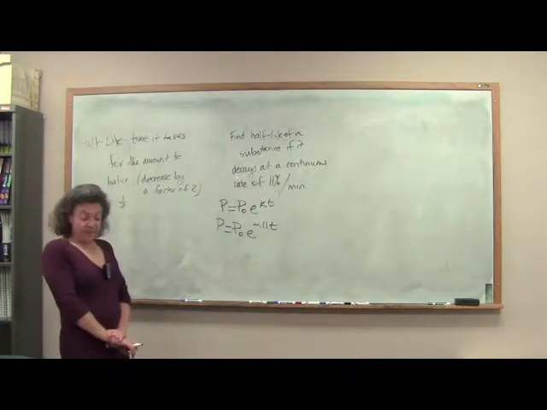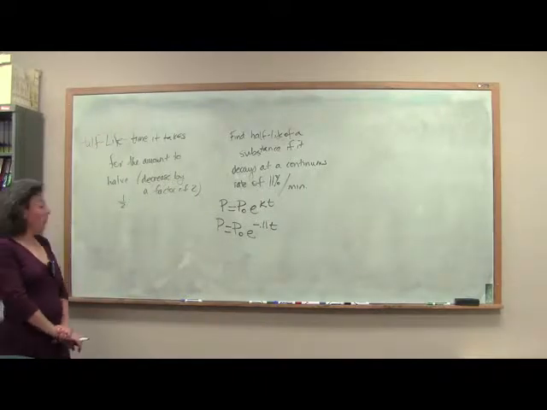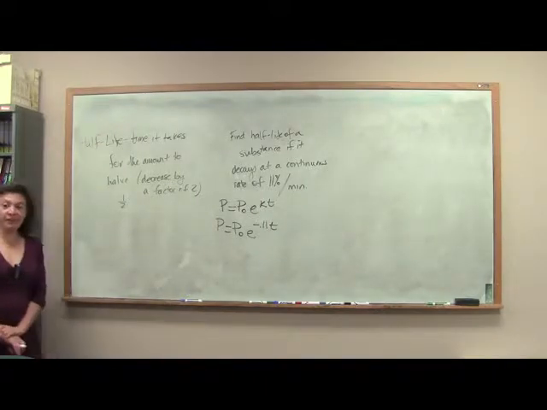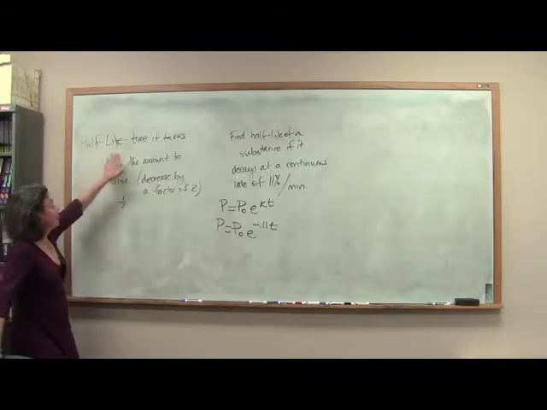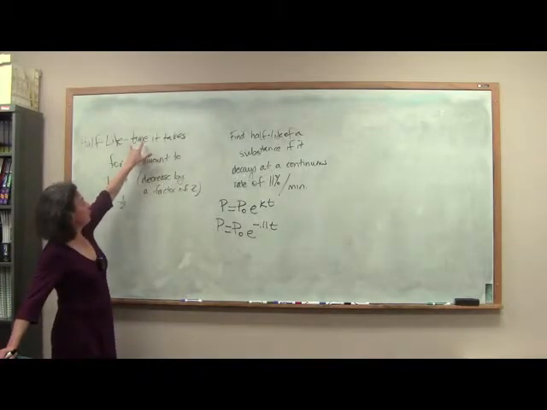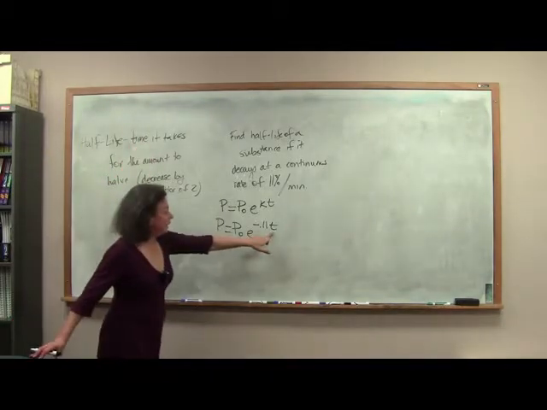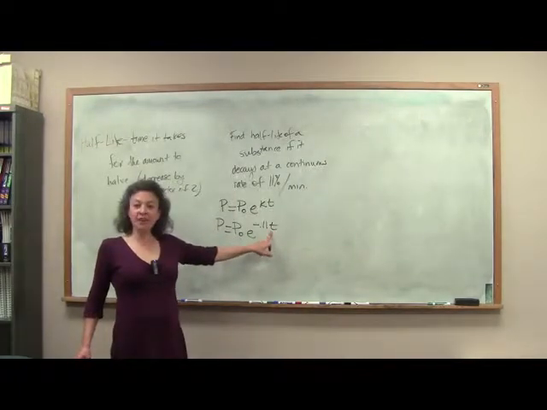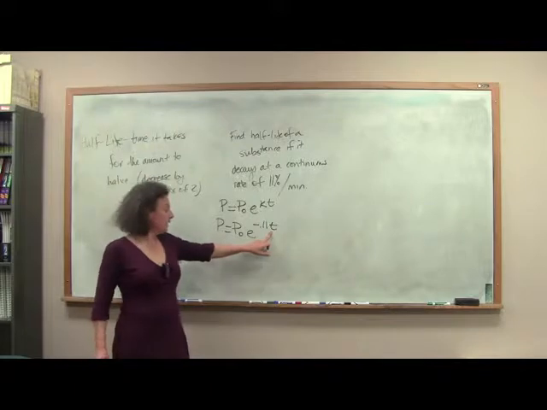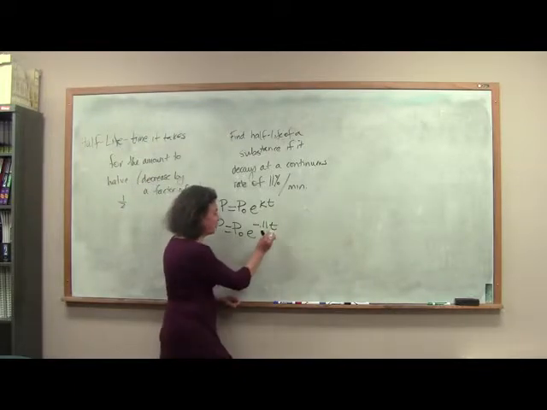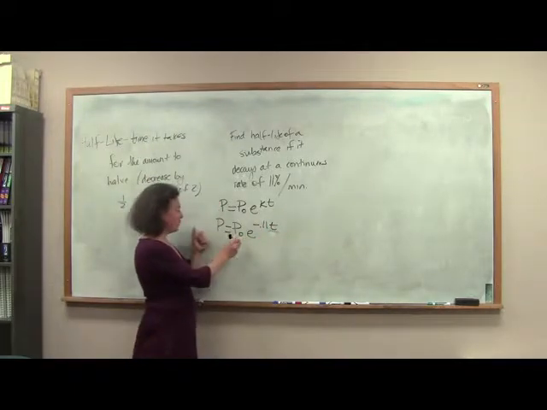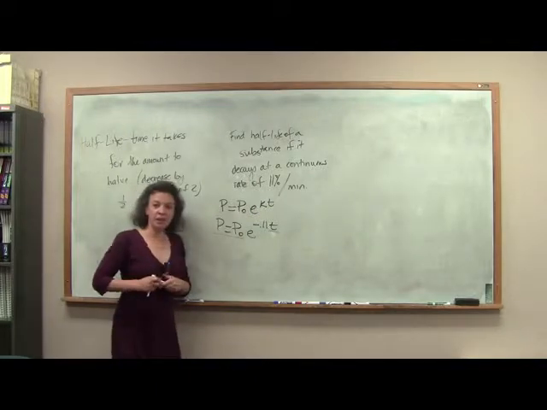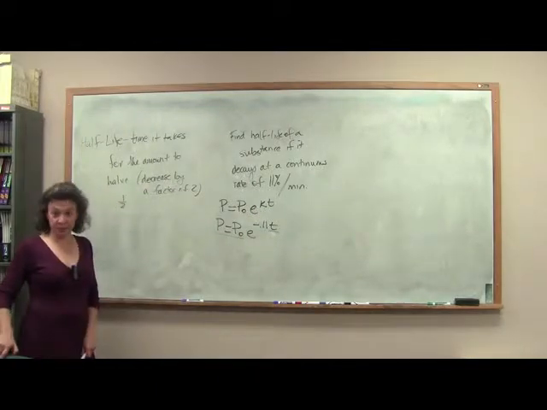So, what is it that I'm wanting to do? I'm wanting to find the half-life. Notice the half-life is defined in terms of time. In other words, when you're asked to find the half-life, you're wanting to find t. So if t is what we're looking for, I better be given some information about P or P sub 0.